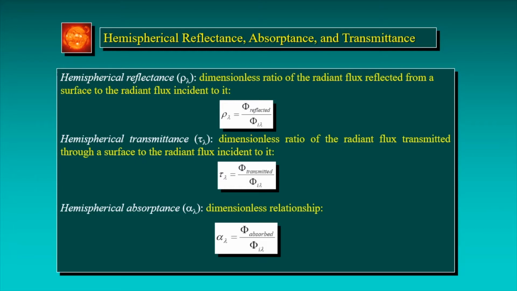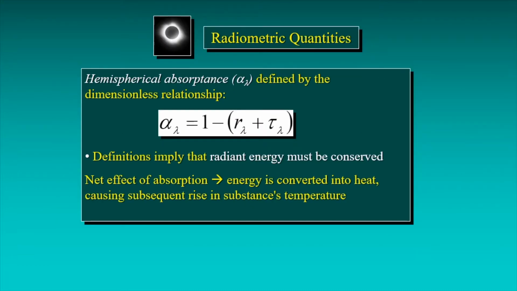And the hemispherical absorptance, again, this is alpha, and it is the radiant flux that is absorbed over the amount that is incident to it. The hemispherical absorptance, again, that's alpha. It is defined by this relationship, which again is dimensionless, that we see here. So alpha equals 1 minus this quantity, which is the sum of r plus tau. And this basically tells us that the radiant energy must be conserved.